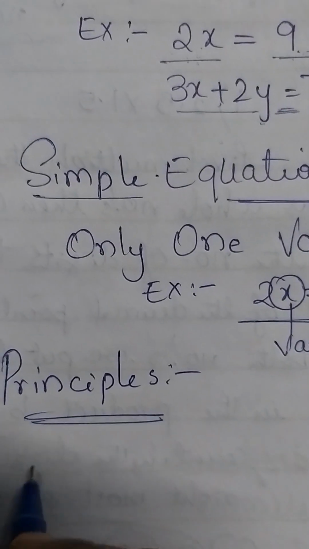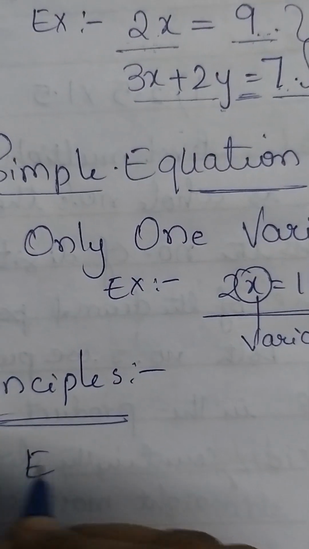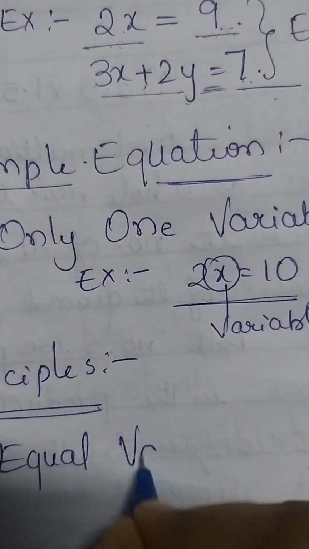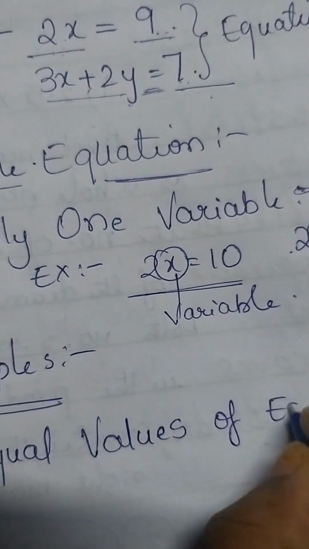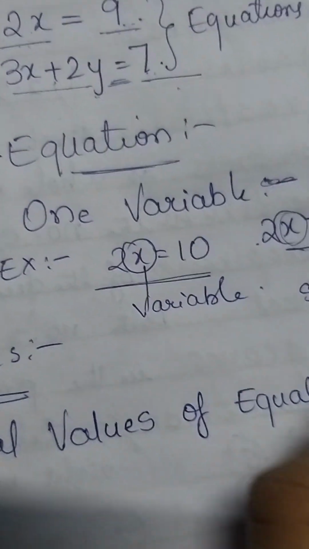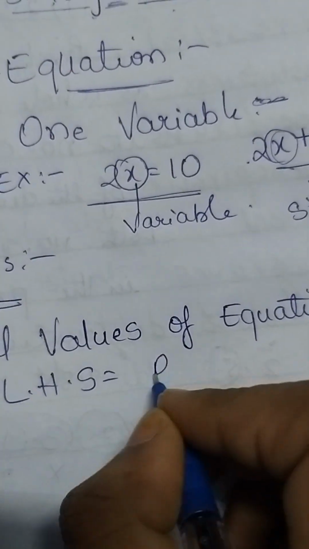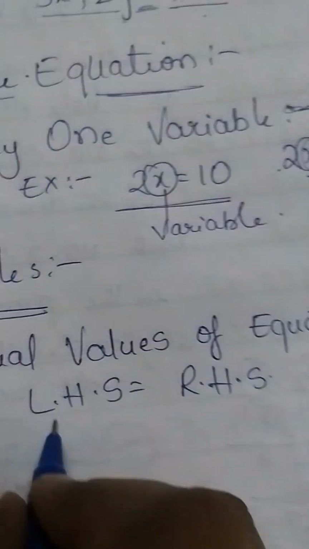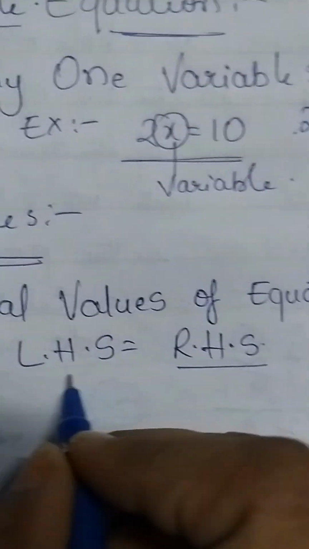An equation has equal values on both sides, that is LHS equal to RHS. In short form, we call it left hand side is equal to right hand side.